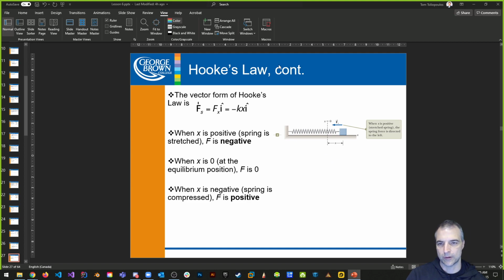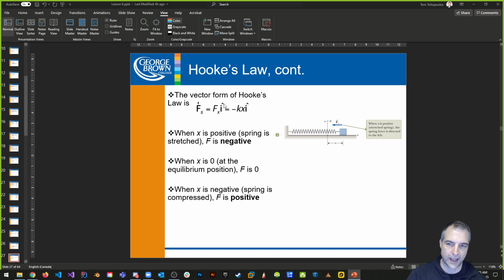So again, when we think about Hooke's law, the vector form of Hooke's law looks like this. The spring's force vector is equal to the force vector across the x-axis. That's what i is. That's the i component. Remember, the x-axis is usually associated with the i component, and the j component is associated with y. k is usually associated with z, but sometimes it gets muddled.